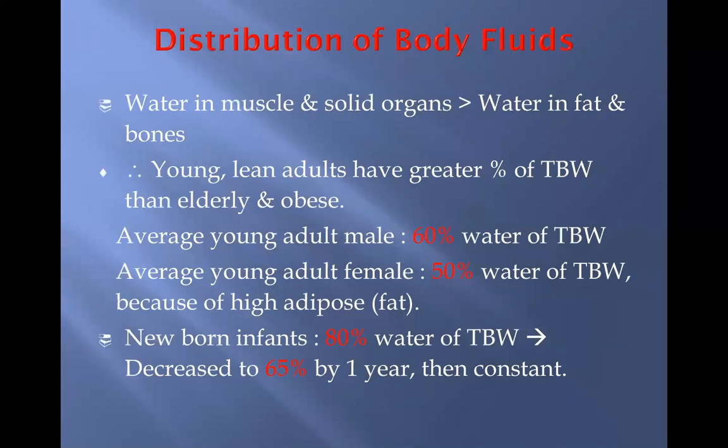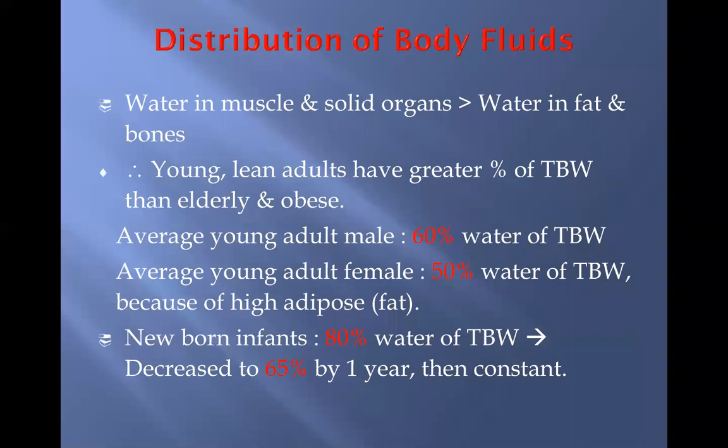Regarding this distribution of body fluid, there is more water in the muscle and solid organs than in the fat and bones. So the young and lean adult has a greater percentage of total body weight as water than the elderly and obese. Why?